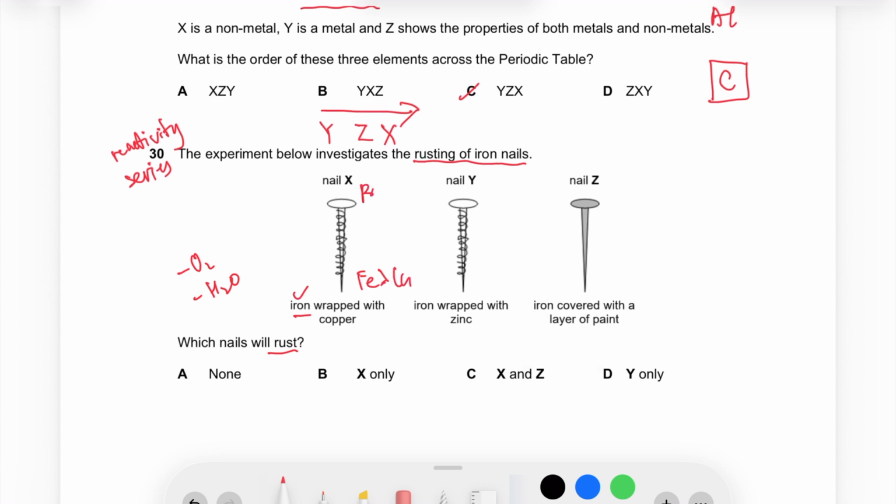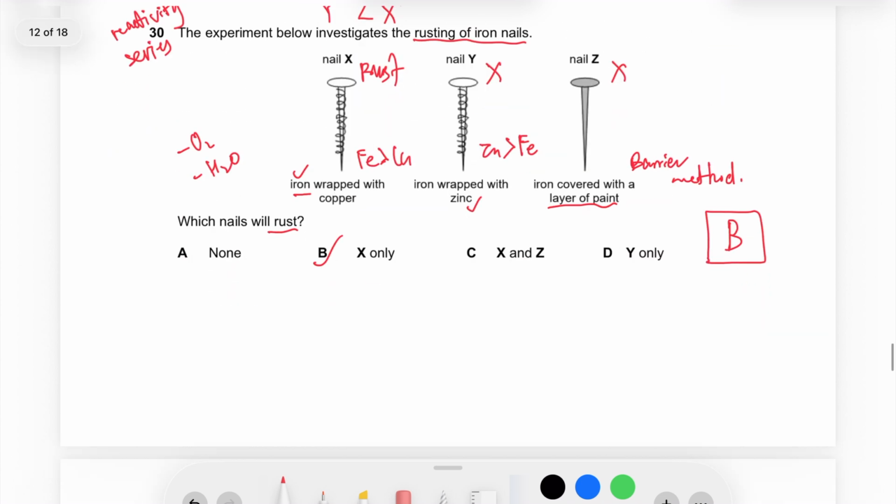Okay, so this one will rust. Iron with zinc: zinc will oxidize because zinc is more reactive than iron. So this one will not rust. Iron covered with a layer of paint, so that's the barrier method. So this one will not rust as well. So only X will rust. B. Next.